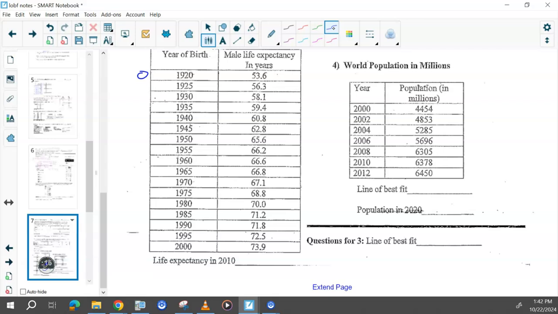Then every year after that is how many years it has been since the initial year. So from 1920 to 25 was 5. From 1920 to 1930 is 10. From 1920 to 35, 15. 1920 to 1940, 20.